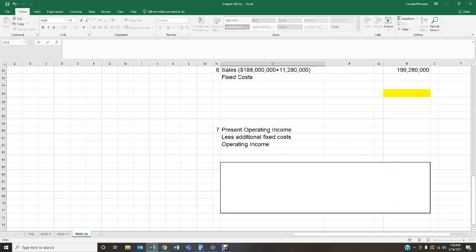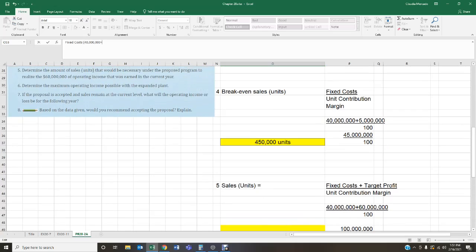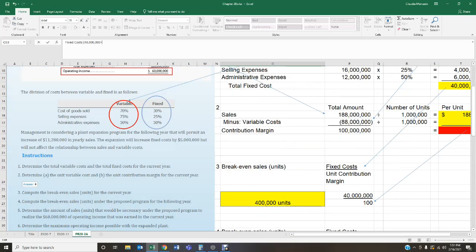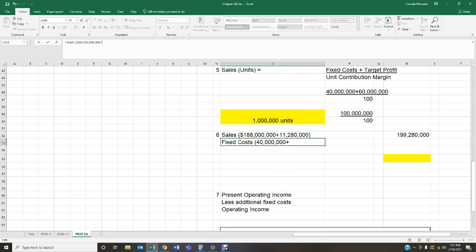This is for down here. Okay, fixed costs. So we have fixed costs of 40 million. And then the problem said that if we proceeded with this recommendation, our fixed costs were going to increase by 5 million. So I'm going to add 5 million. So then that's 40 million plus 5 million. That gives me 45 million.